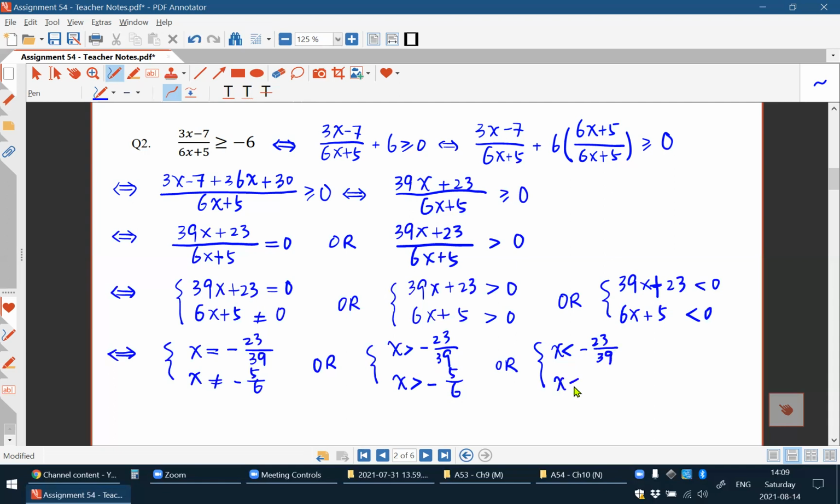And at the same time, x should be less than minus 5 over 6. And now it's time to compare these two numbers, which one is larger, right? So minus 23 over 39 is about minus 0.59 something. And minus 5 over 6 is about minus 0.83. So which number is larger?